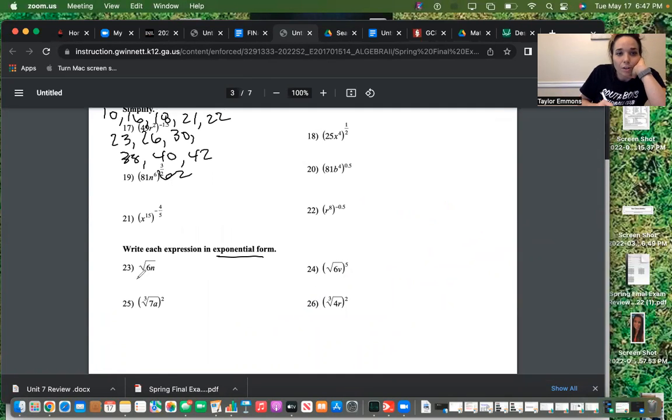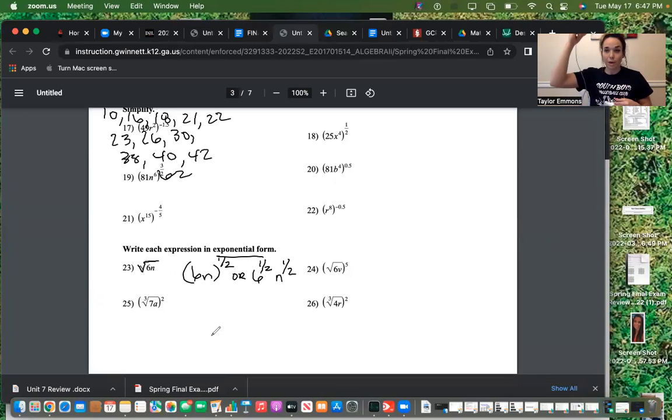I know that the square root of something is the same thing as taking something and raising it to the 1/2 power. So I could write it like this, or I could write it out as 6 to the 1/2 into the 1/2. Because remember, our exponent rule states that if we have an exponent, we distribute it to everything inside the parentheses.